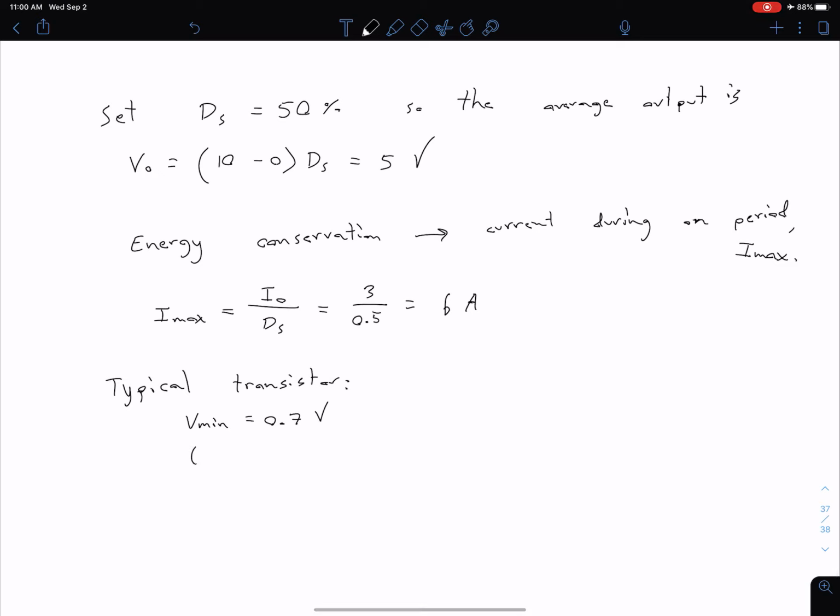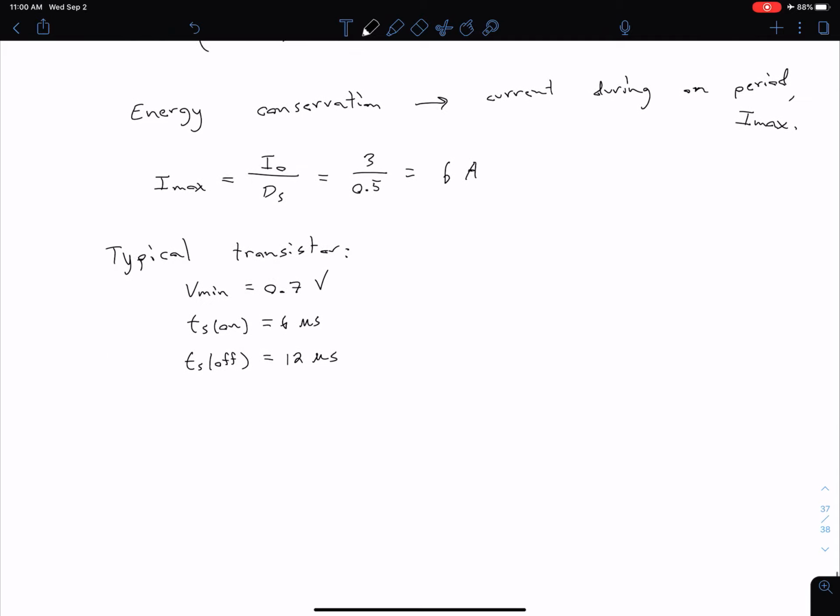We have TS on, so that's our on time when we're ramping up, equal to 6 microseconds. Our TS off is equal to 12 microseconds. This is the type of information that you could find on the data sheet for the transistor. It might vary depending on what frequency you're operating it at, but this information should be there.